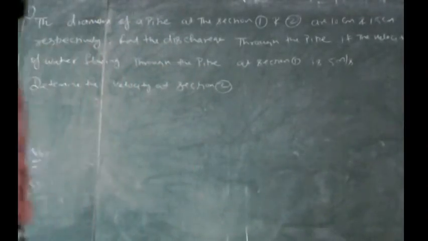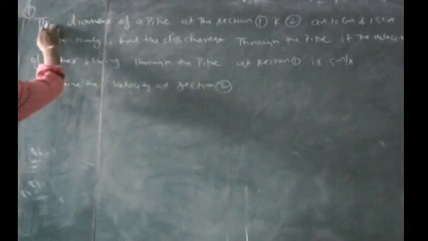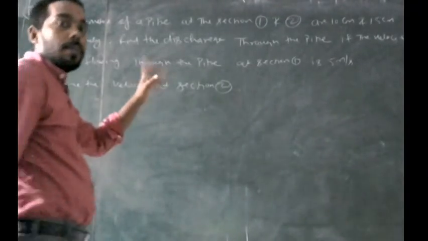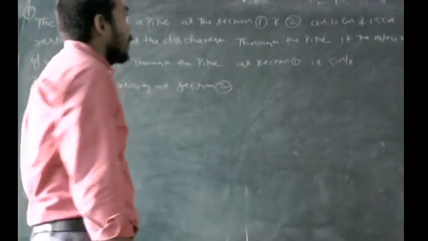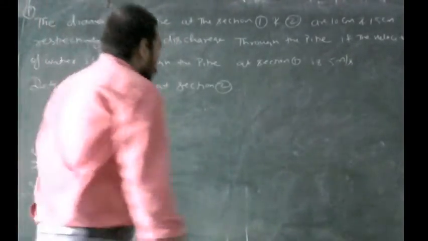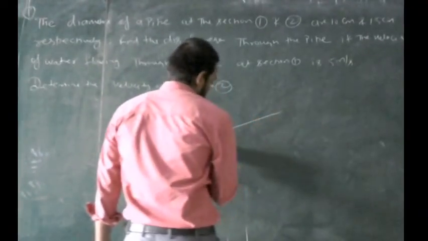In this question, first of all, read the whole question. The diameters of the pipe at section 1 and 2 are 10 centimeter and 15 centimeter. First of all, draw a suitable diagram.